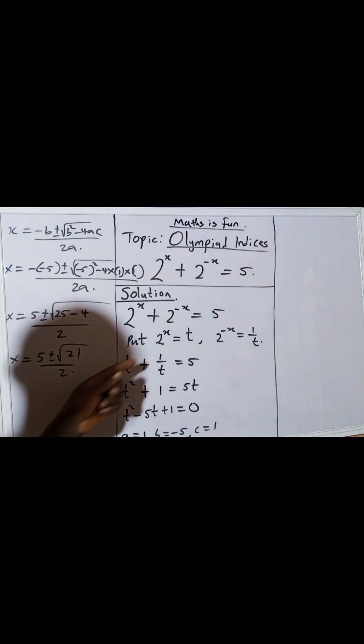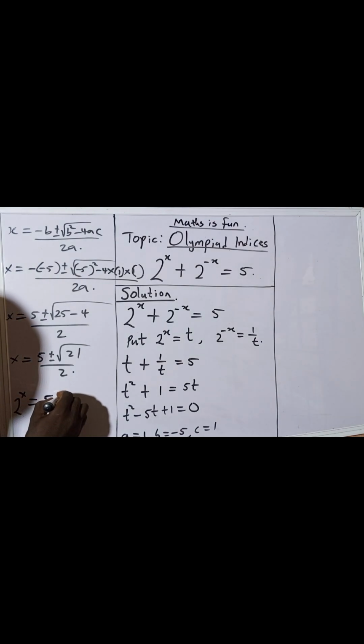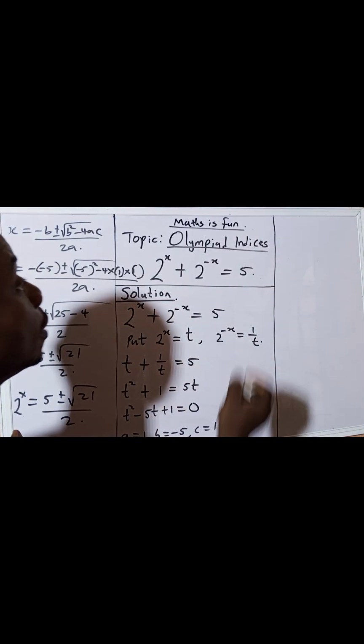Recall that we are putting 2 raised to power x to be t. So you now have 2 raised to power x is equal to 5 plus or minus square root 21 all over 2. So you take log base 2 of both sides to get x.